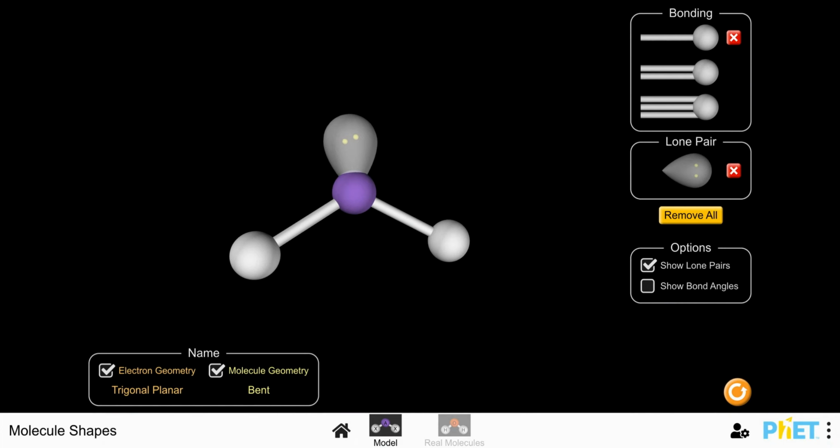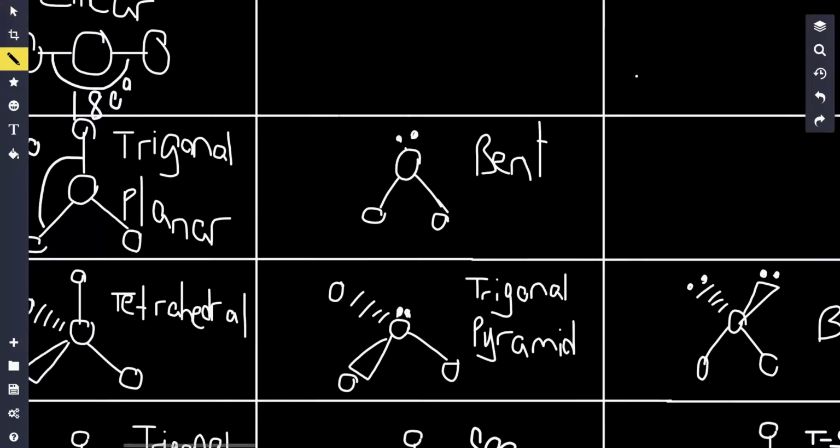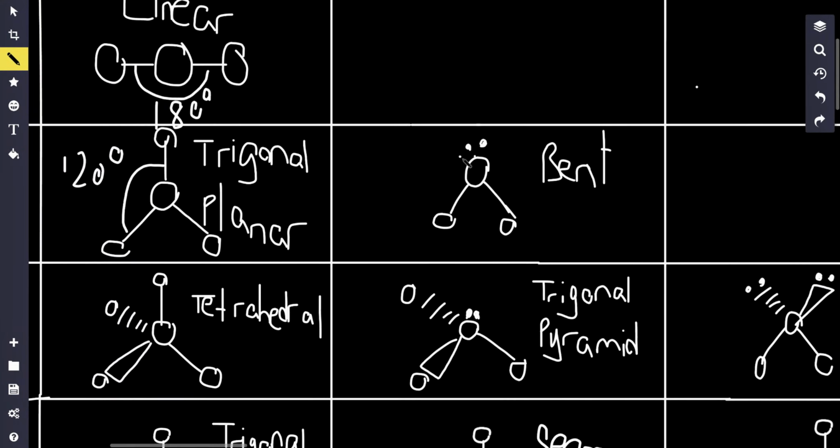Right over here, I started to share my screen. Look, imagine if we assumed that these electrons were a bond. Well, we would have a trigonal planar structure. But the actual structure of the molecule is going to be a bent structure. What's going to happen is that these electrons are going to repel the electrons in this bond right over here.